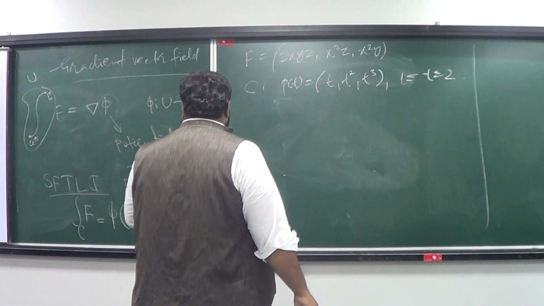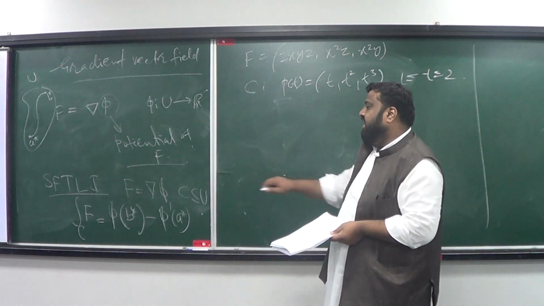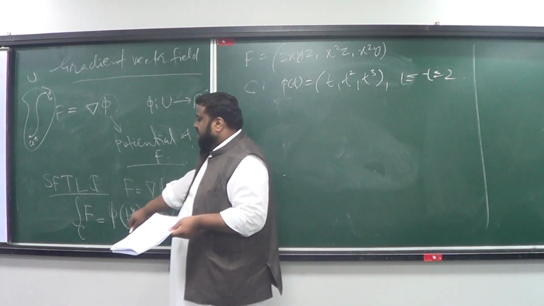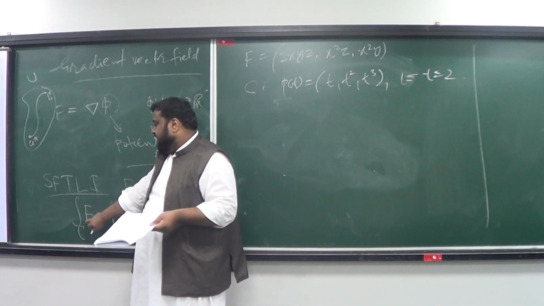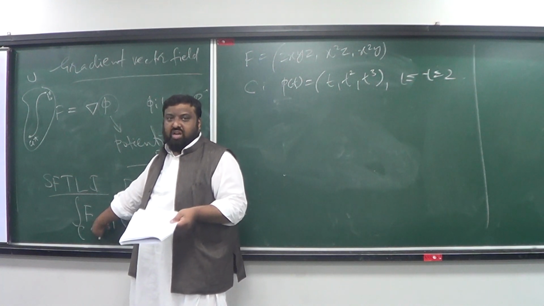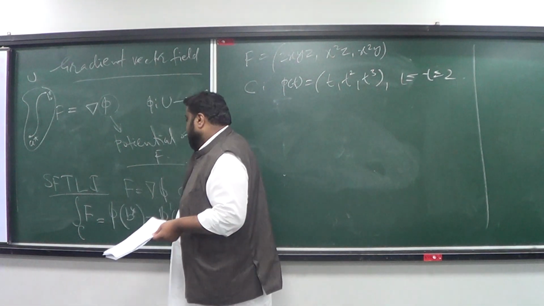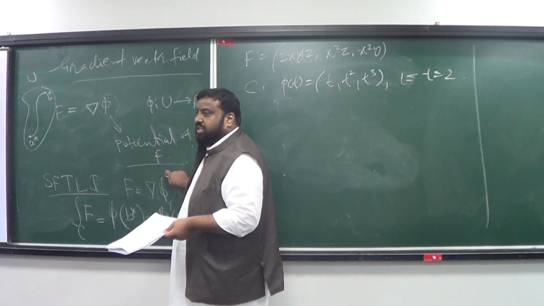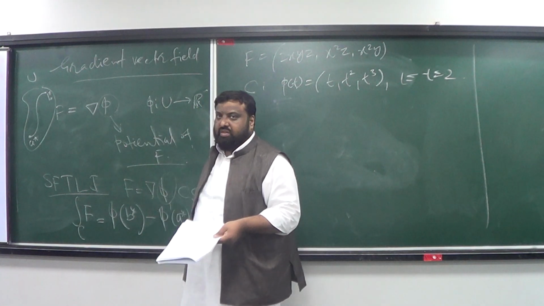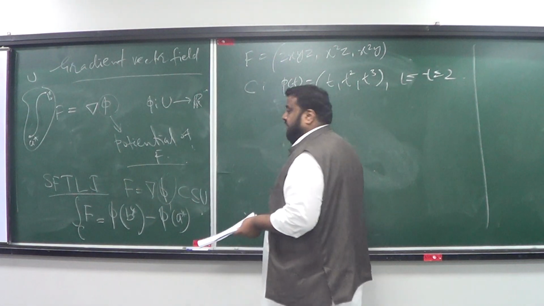So what I would like to do is verify this result. If you compute the integral of F directly along the curve C, by definition, this would be the same as finding the potential phi first and evaluating it at the endpoints of the curve. You should have the same result.